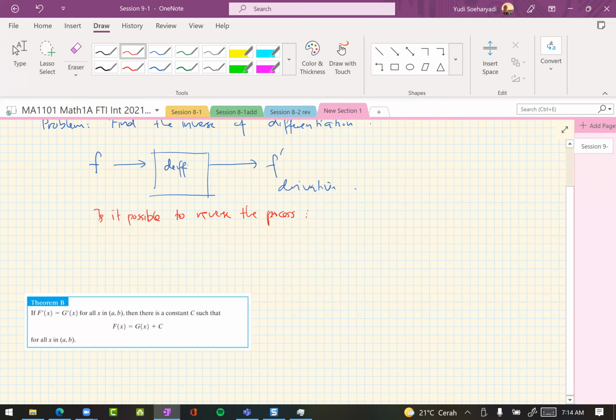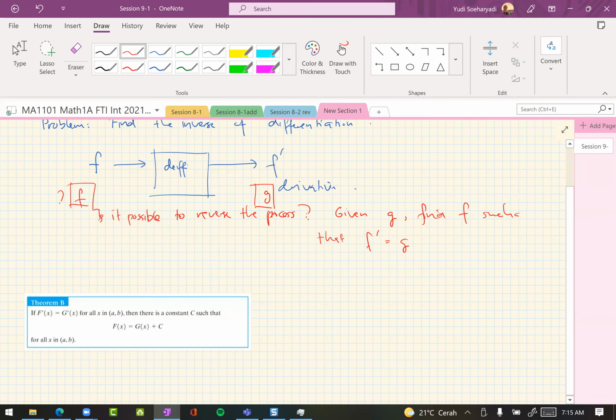Mean, reverse the process. Given a G, find F such that F prime is G. Okay, so here's the given G. Now you need to find F here.